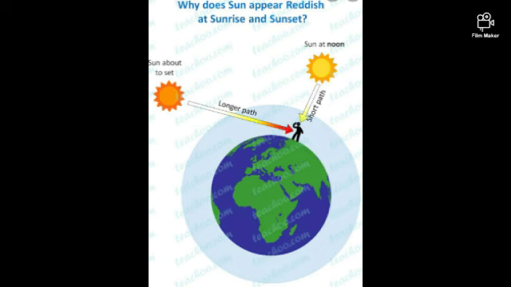As the path is longer, the total amount of scattered blue light is more and red is less. Thus, the red color reaches our eye and the sun appears to be red. So it actually travels a longer path as compared to the sunlight that has to travel a little lesser path towards us.